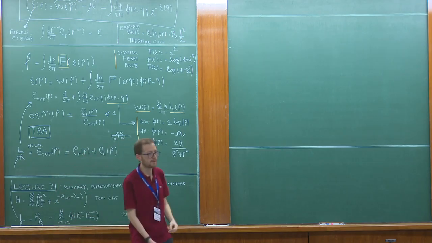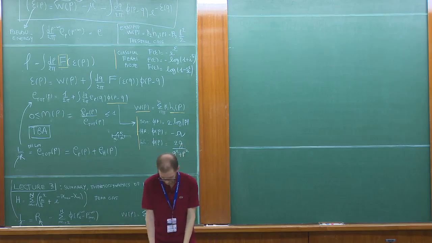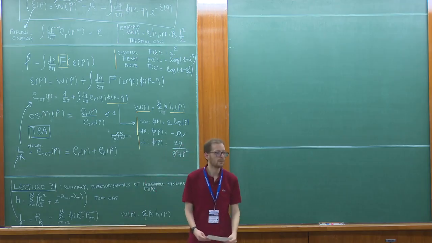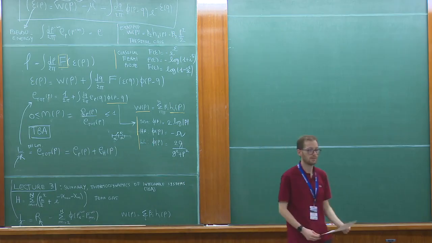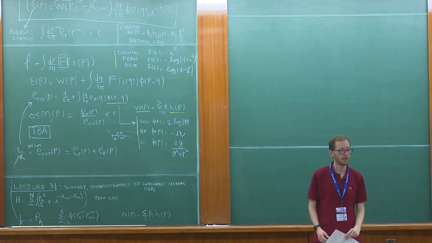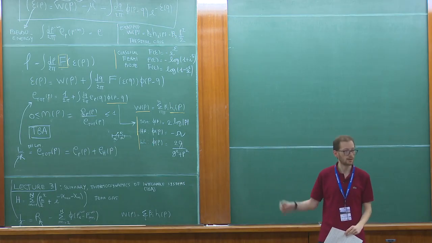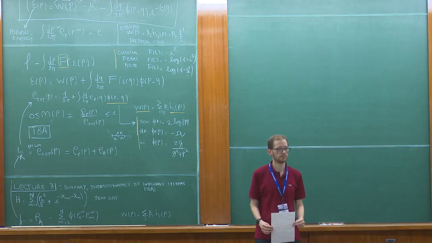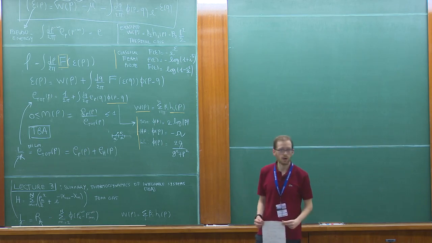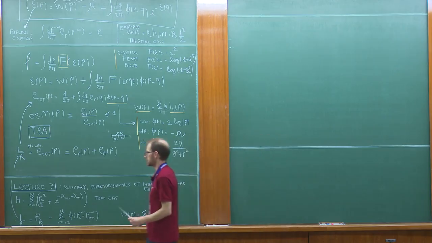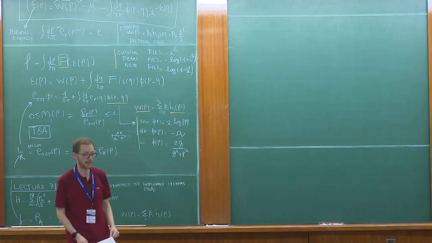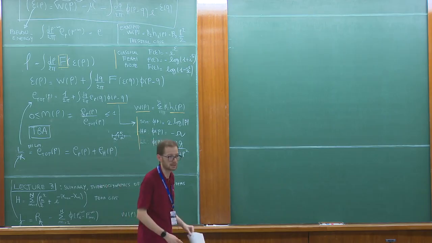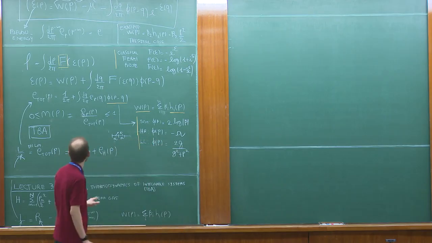I have a simple question. The TBA equations are guaranteed to hold for integrable systems which are defined in the continuum, with continuum momentum? If I take an integrable lattice system, like the Heisenberg chain, XXZ, I don't see how you can define the scattering theory. Remember, this is valid in the thermodynamic limit.